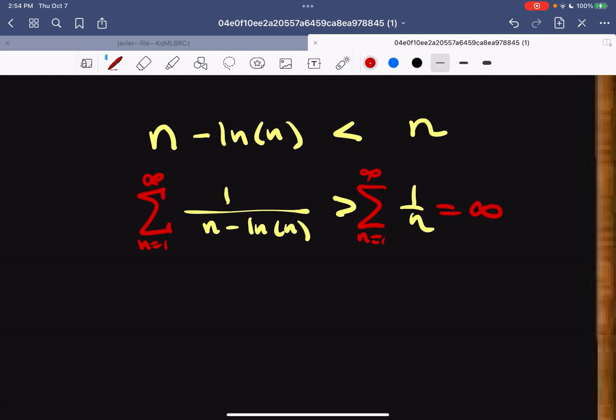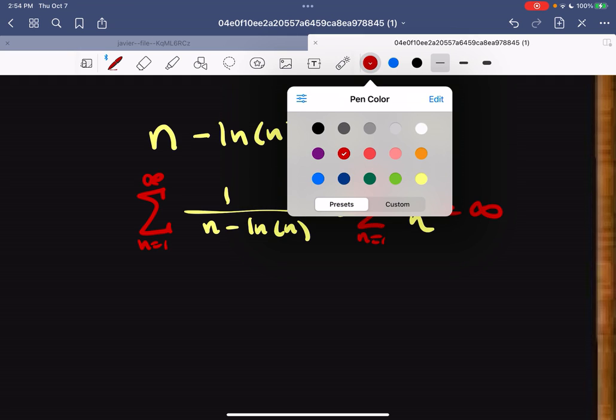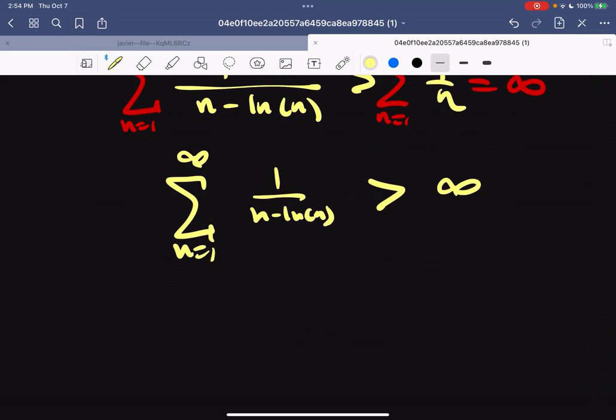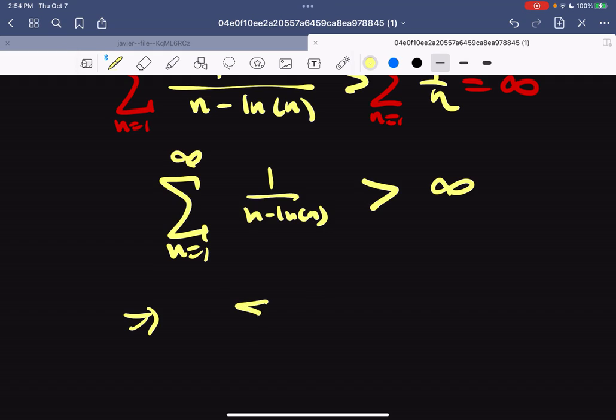So that leads to the inevitable conclusion that the summation of 1 over n minus ln of n is bigger than infinity, as n runs from 1 to infinity. Which numbers are there that are bigger than infinity? Well, I can only think of one off the top of my head. It's infinity.